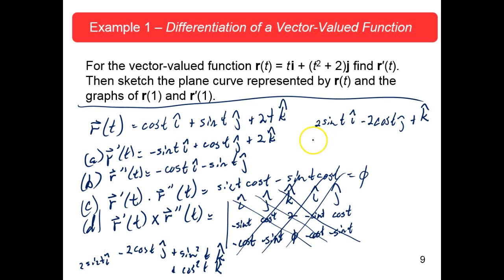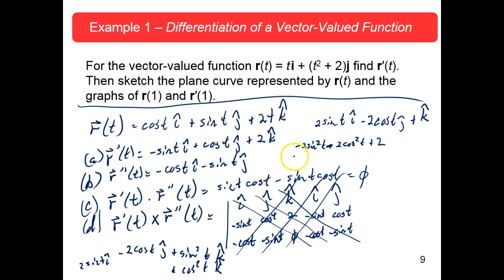So that's minus 2 sine squared t minus 2 cosine squared t plus 2.